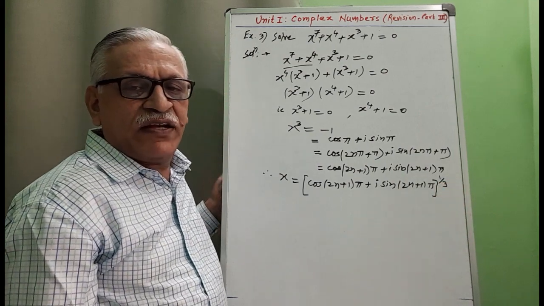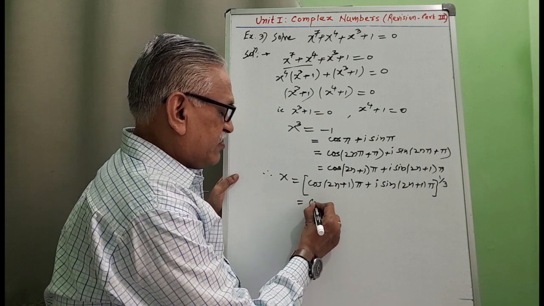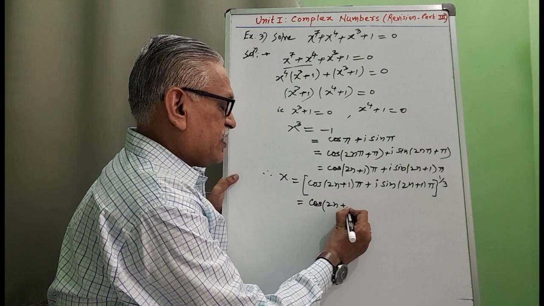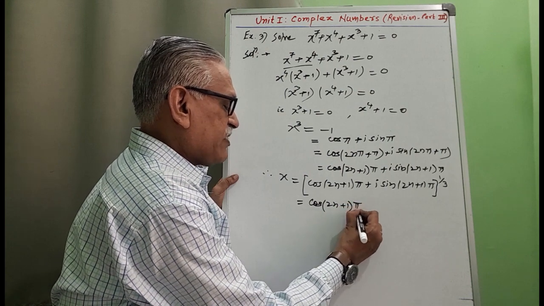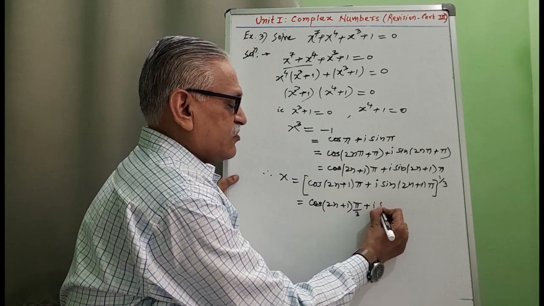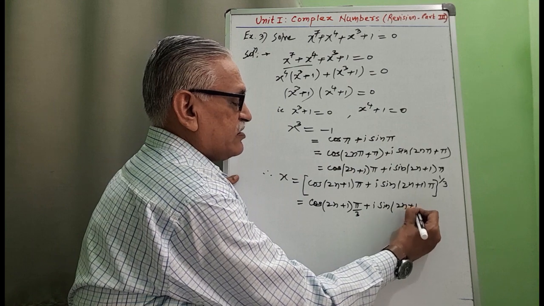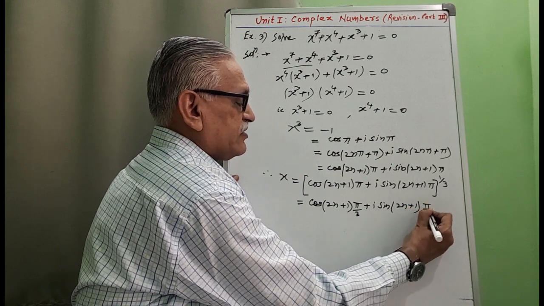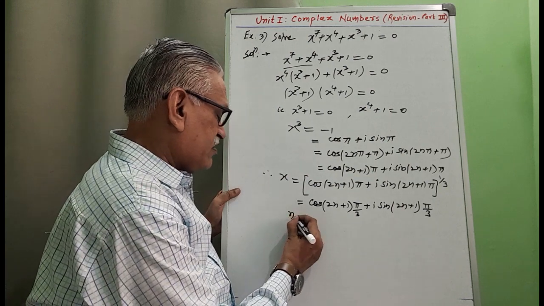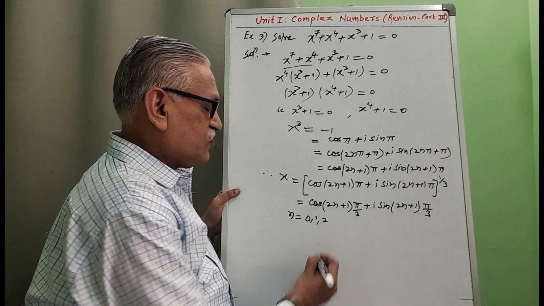Then applying De Moivre's theorem, its expansion is cos of 2n plus 1 times pi by 3 plus I sine of 2n plus 1 times pi by 3, where the values of n are 0, 1, 2.